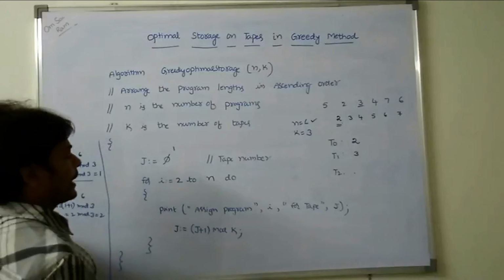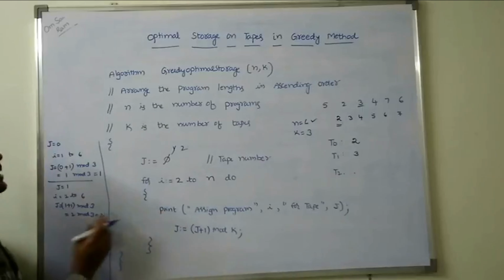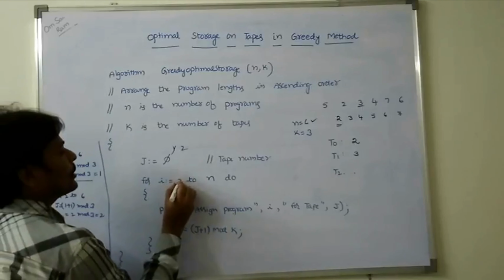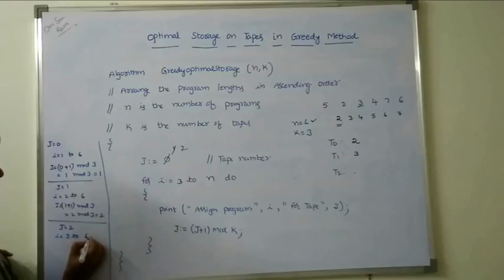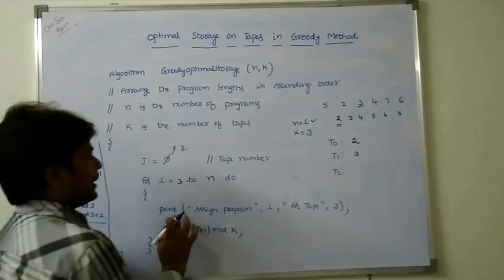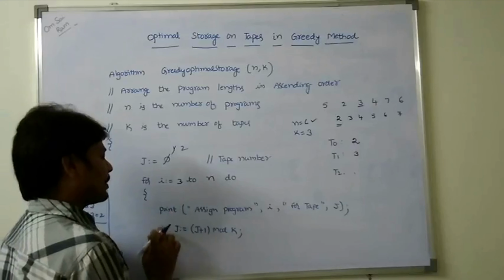Next, j value is replaced as 2 and i is incremented, now i is equal to 3. So third step, j is equal to 2, i is equal to 3 to 6. 3 to 6 is true, so the program enters into the loop.